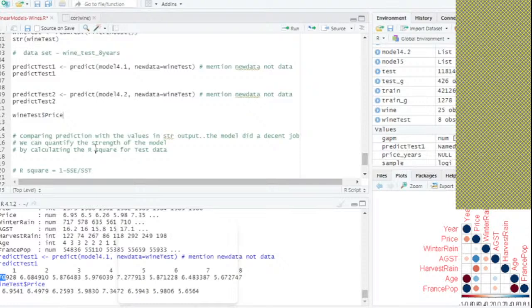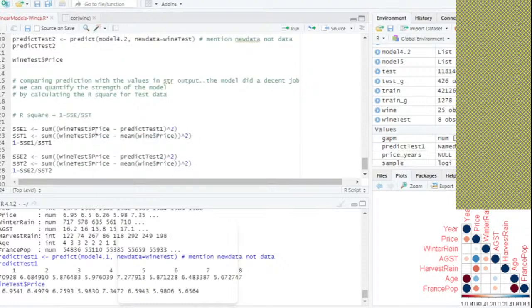Now, comparing, I can also calculate the SSE for this.